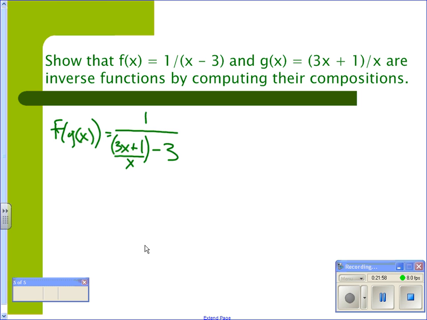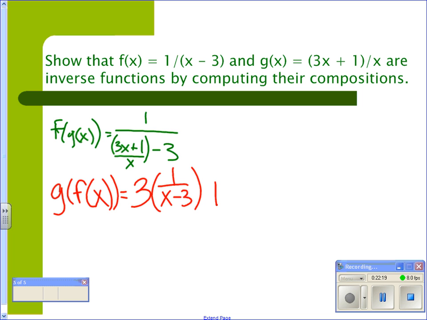Okay, go ahead, Johnny. Do you agree with that? Y'all see how that works?